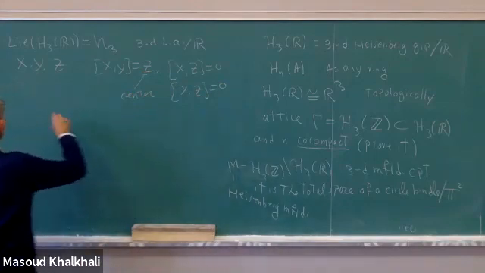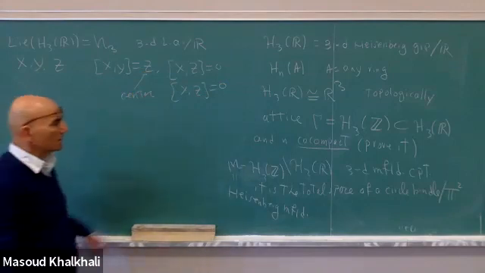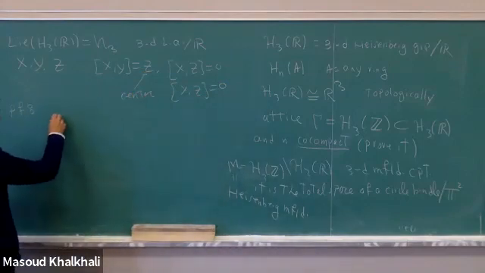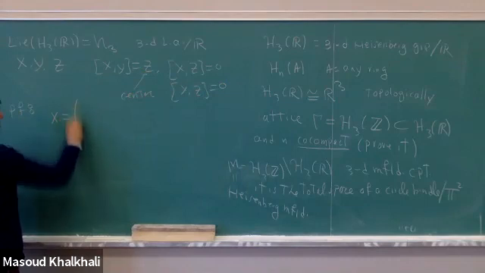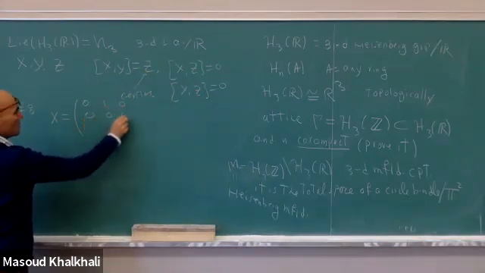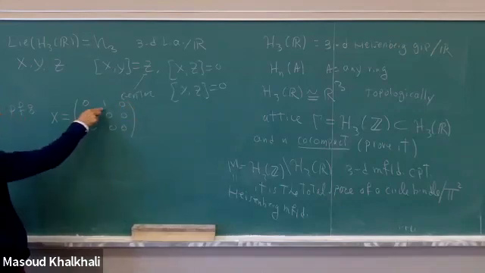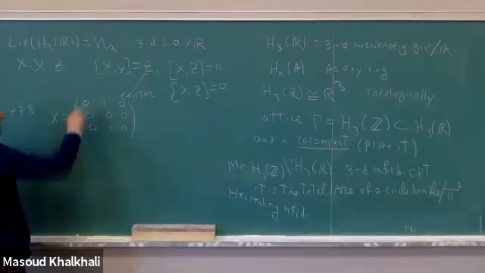So why is this the case? It's very easy in this case to see. Let's define X to be equal to this element 0, 1, 0, 0, 0, 0, 0, 0, 0, the infinitesimal generator of motion in this direction.